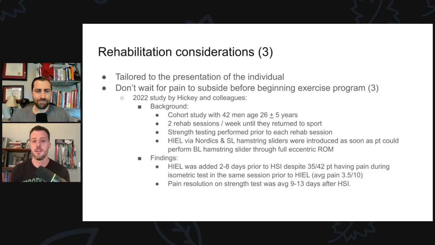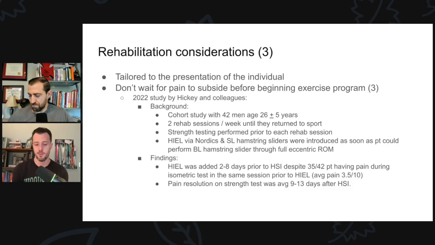Again, those are higher speed movements where we tend to be playing with fire, I guess. So the patient has to really be ready for those movements, but we can start some pretty hard things pretty early on. So this was a pretty good study in 2020 by Jack Hickey and colleagues. And that's a name you'll see quite a bit in the hamstring research.